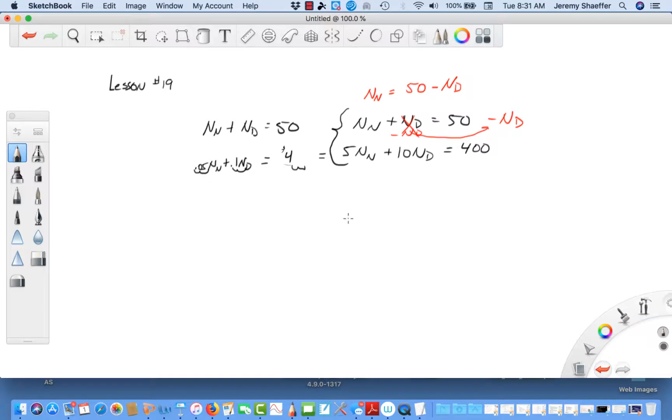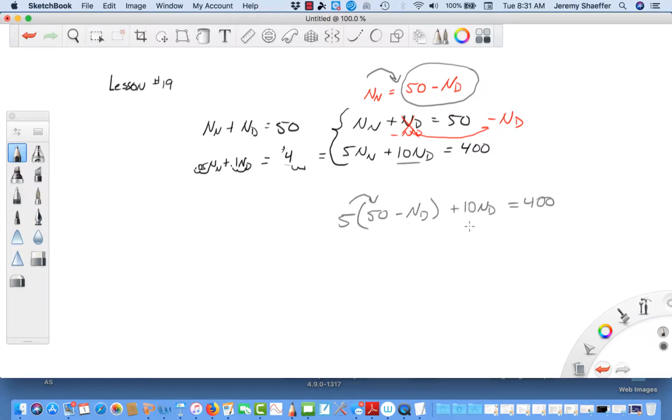So we can use equation B and say 5 times, well, what does number of nickels equal? Number of nickels equals 50 minus number of dimes, plus 10 number of dimes equals 400. So I substituted this value for number of nickels.